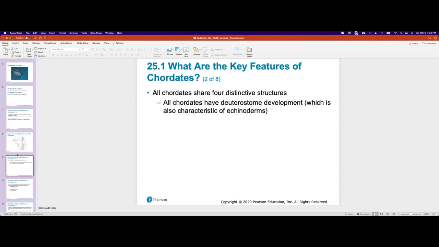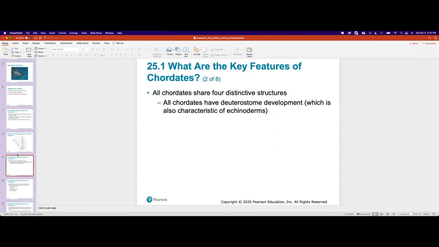So what unites chordates together? First off, they share four distinct structures, and that includes deuterostome development, which interestingly enough also includes the echinoderms, and that's the exception to the rule.